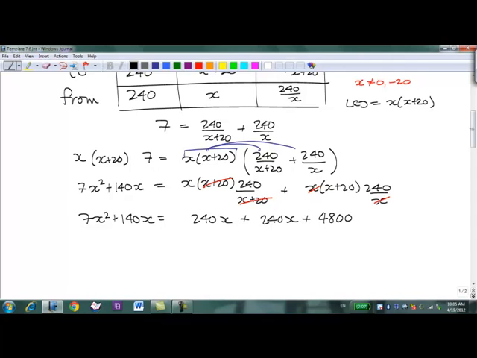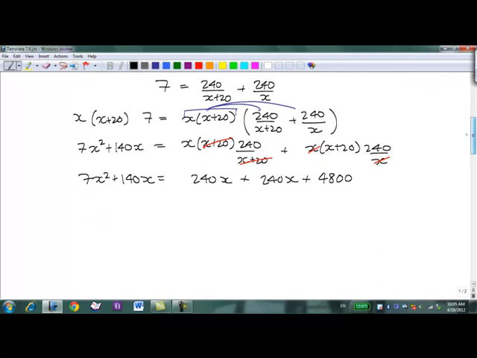So, looks like we have a bit of a quadratic equation that we need to solve here. Let's group everything over into the left-hand side since it's positive x squared there. 140x minus 240x minus 240x is negative 340x, and we have minus 4,800, and that equals 0.